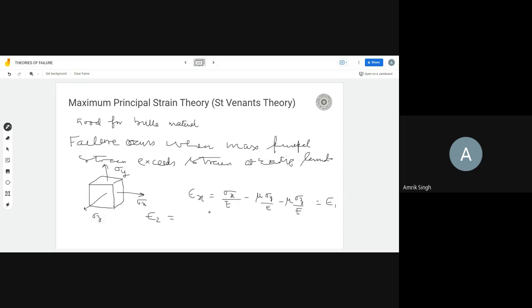Therefore, epsilon 1 will be equal to sigma 1 upon E minus mu times sigma 2 upon E minus mu times sigma 3.